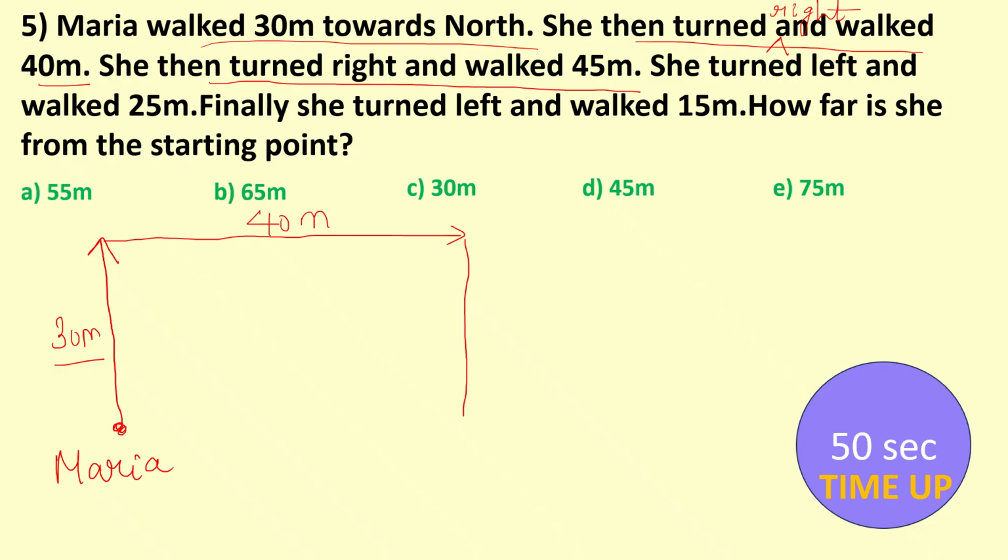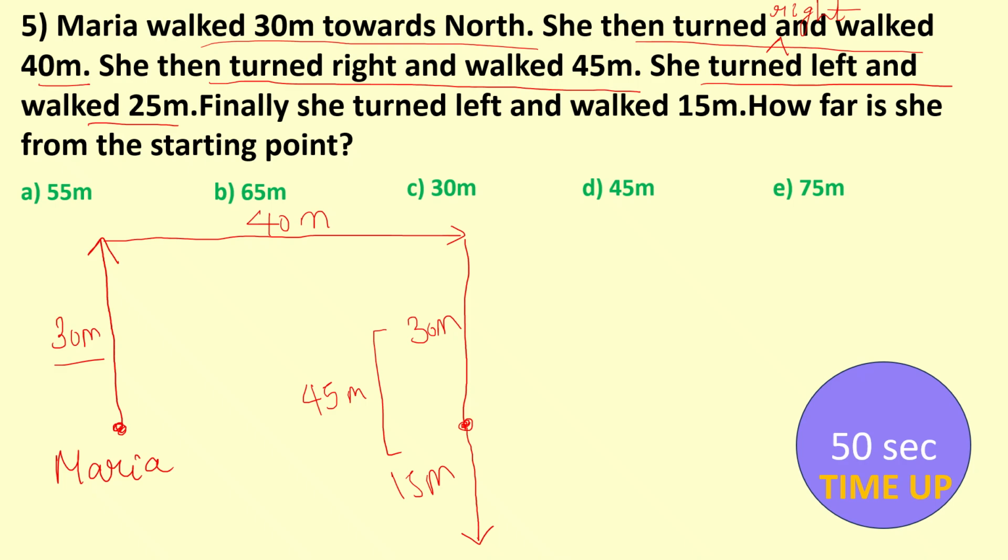अगर ये 30 मीटर है तो और कितना चाहिए 45 मीटर के लिए? 15. So 15 meter will total make 45 meter. Now she is here. Next, she then turned left and walked 25 meter.